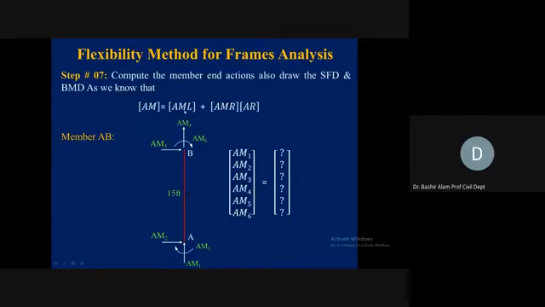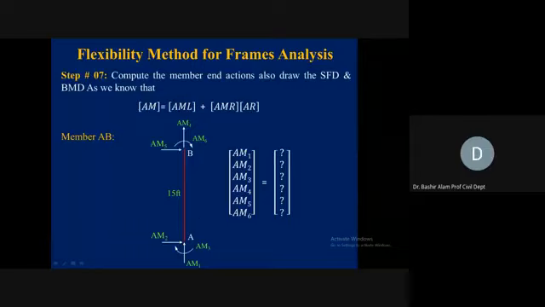We need to find out AML now and the AMR matrix. AR we already found. AML will be coming now from the analysis which we did for writing the capital M values. And how did we do the capital M values? We analyzed the basic determinate structure under the actual applied external loads.